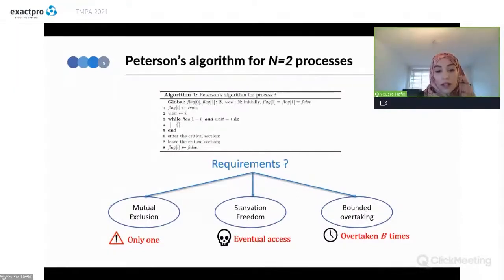These three requirements are verified in the literature. And I would like to draw your attention to B, the bound, which for the version of two processes is 2. It means that a process that requests access to the critical section waits for a maximum of 2 rounds before it gets its turn.